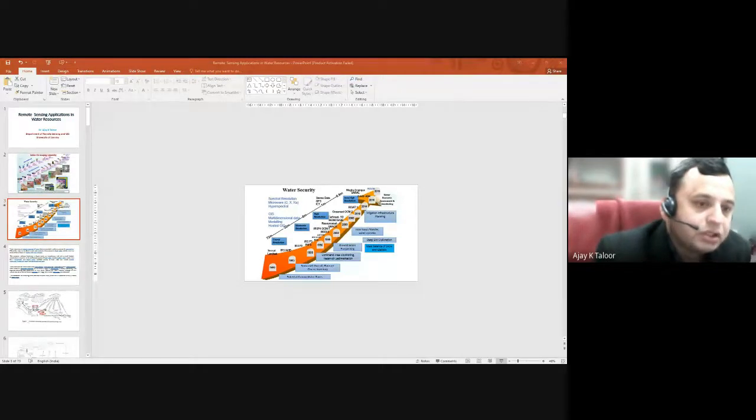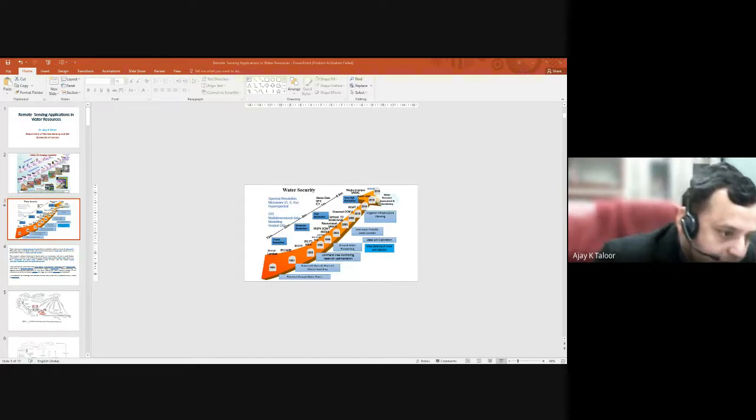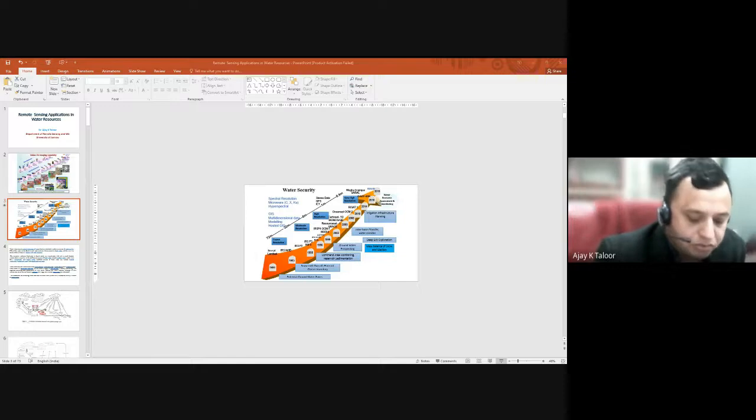Such kinds of geomorphological studies regarding river morphology, the channels, river behaviors, and all these things can also be done with the help of satellite data, through small scale studies regarding the watershed.